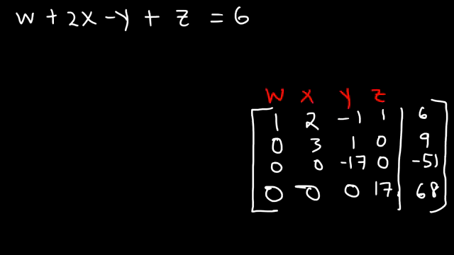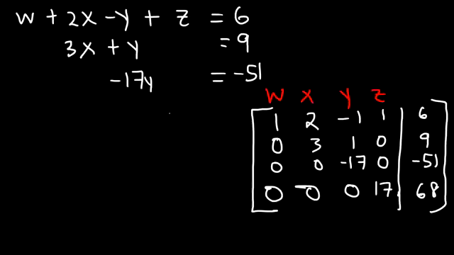Now for the second equation, it's going to be 3x plus y, and there's no z, so we could ignore that. It's 0z, and that's equal to 9. And then after that, it's negative 17y, which is equal to negative 51, and then 17z is equal to 68. So we have everything we need in order to calculate x, y, and z.